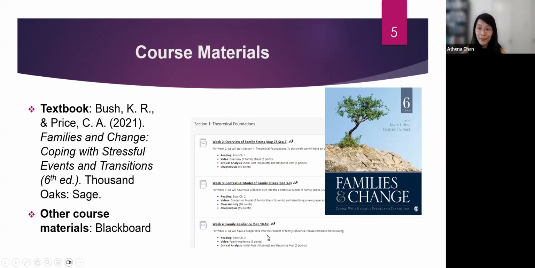I will organize them by section and by week. In each week, even in the interface, you can see very clearly what the required things are for each week. Like for week 2, you need to read the book chapter, watch the lecture video, complete the online class discussions, and then end with the chapter quiz.